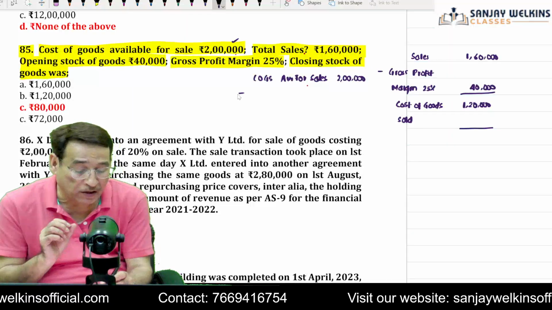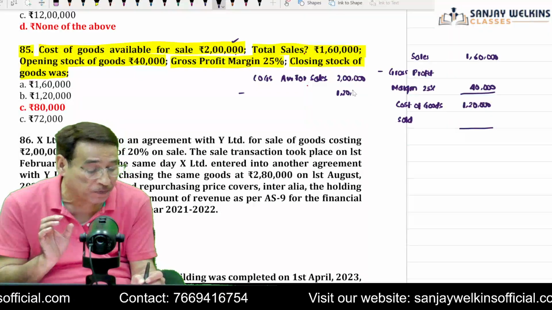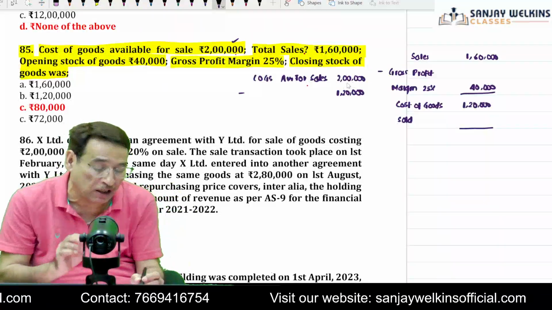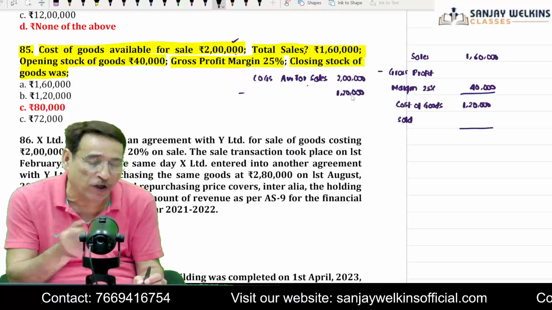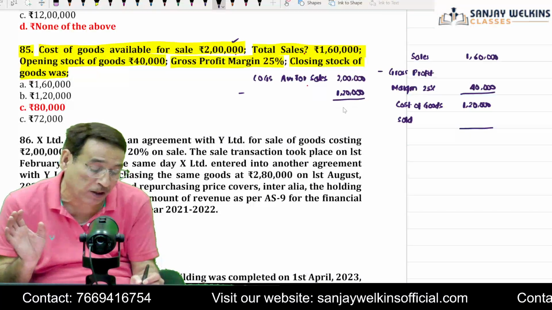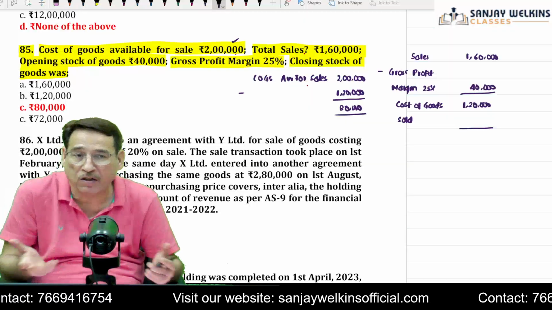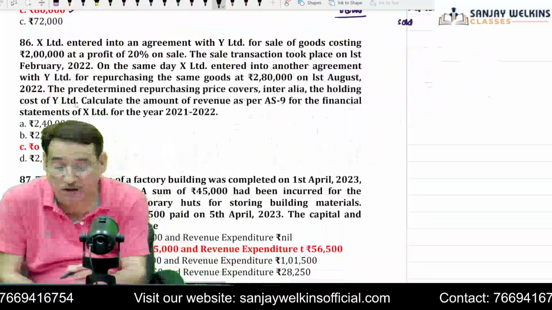Out of that, you have sold 1,20,000 worth of goods. That means the closing stock is 80,000. That means this much stock is still remaining. So that is how you will have to deliver the answer to this particular question.